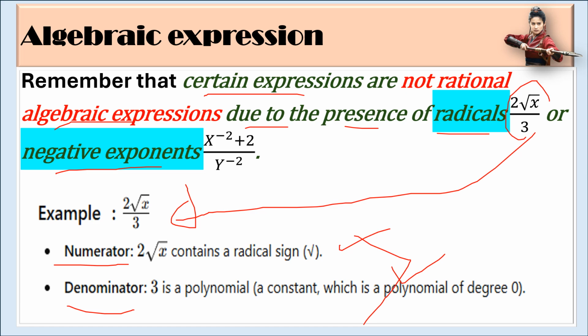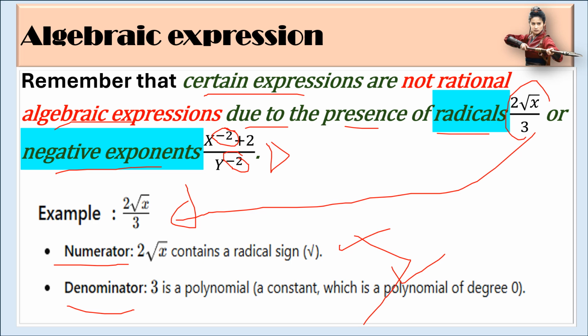Another thing is if an expression includes a negative exponent. Here we have an example. As you can see, we have a negative exponent in the numerator and the denominator, so this is also not a rational algebraic expression.